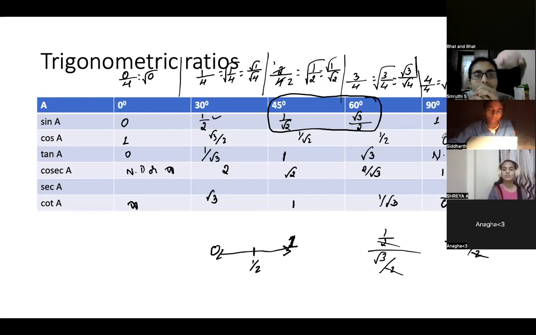Correct? First number will be 0 and the last number will be 1. And then after 0, we will write half. Then these two numbers you have to remember. 1 by root 2 and root 3 by 2. Got it?